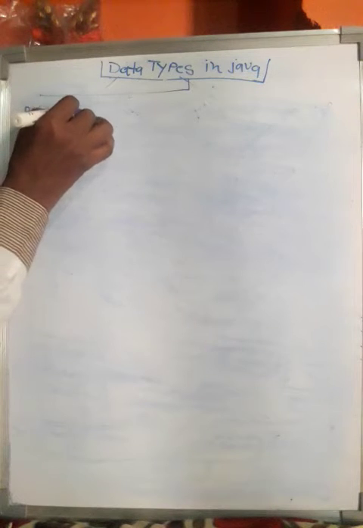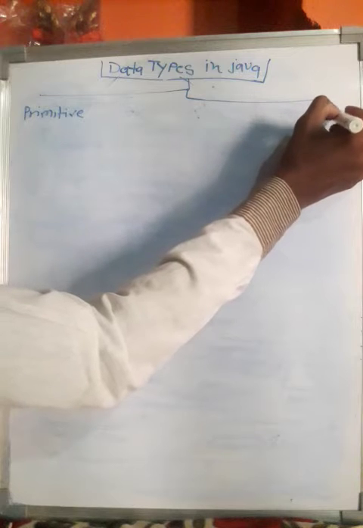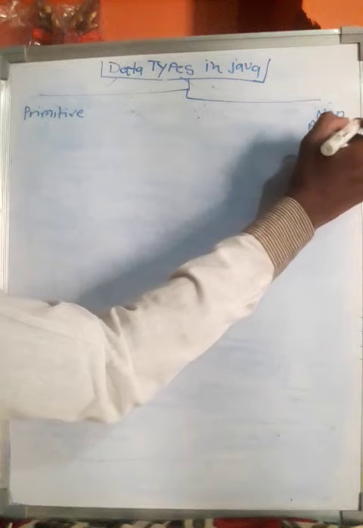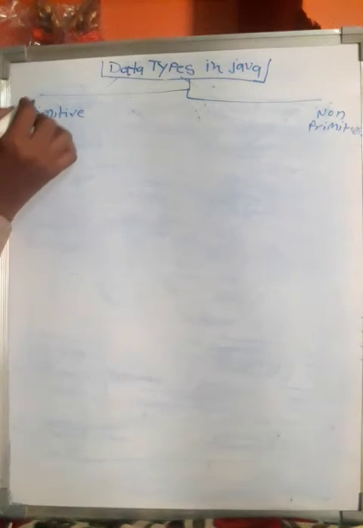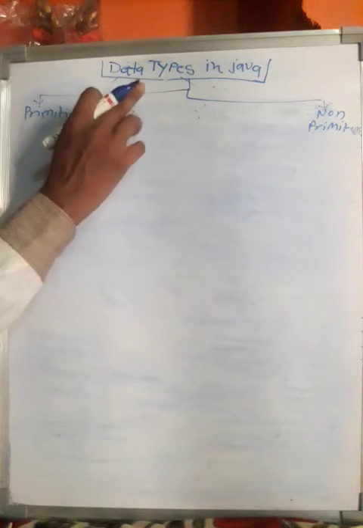In Java, data types are mainly classified into two parts. The first part is primitive data types and the second is non-primitive data types.